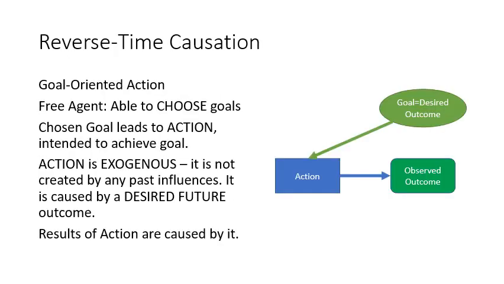This goal-oriented causality creates reverse causality because I have a desired future outcome that leads to a current action which leads to an observed outcome, and the observed outcome should match my desired outcome to a certain extent if my action is successful and if the causal chain that I have guessed or hypothesized is correct.